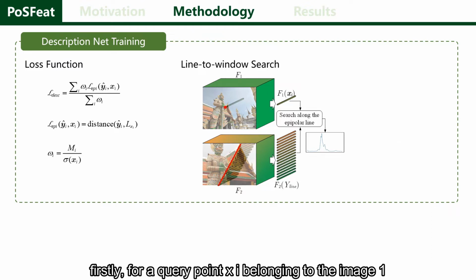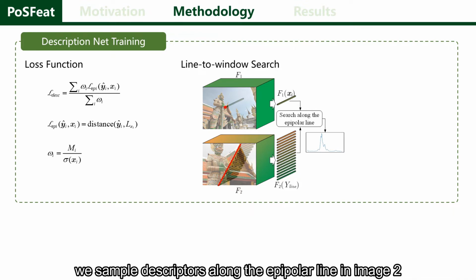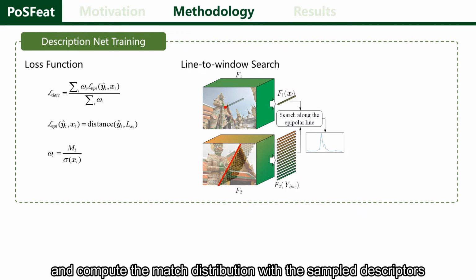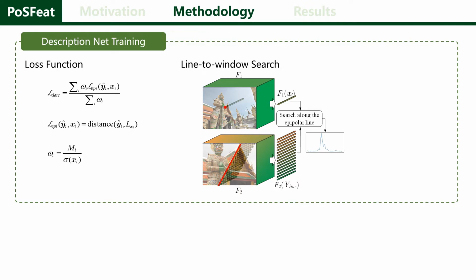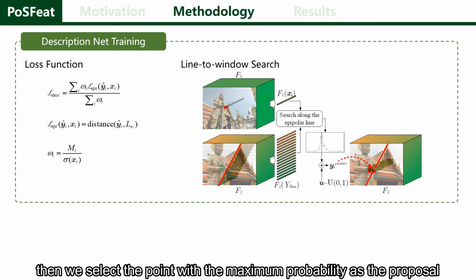Firstly, for a query point xi belonging to image 1, we sample descriptors along the epipolar line in image 2 and compute the match distribution with the sampled descriptors. Then we select the point with the maximum probability as a proposal.